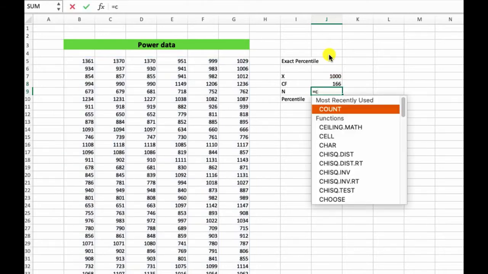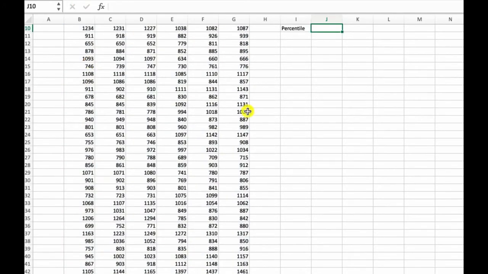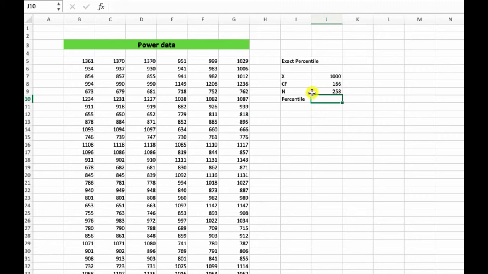My sample size is simply going to be the count of my data. And then based on these two values, I can calculate my percentile by doing the cumulative frequency divided by the sample size multiplied by 100.